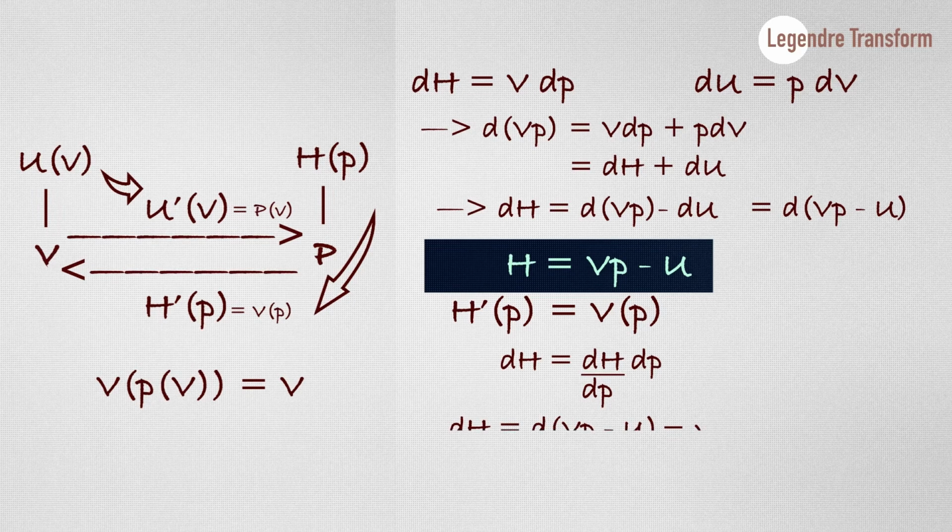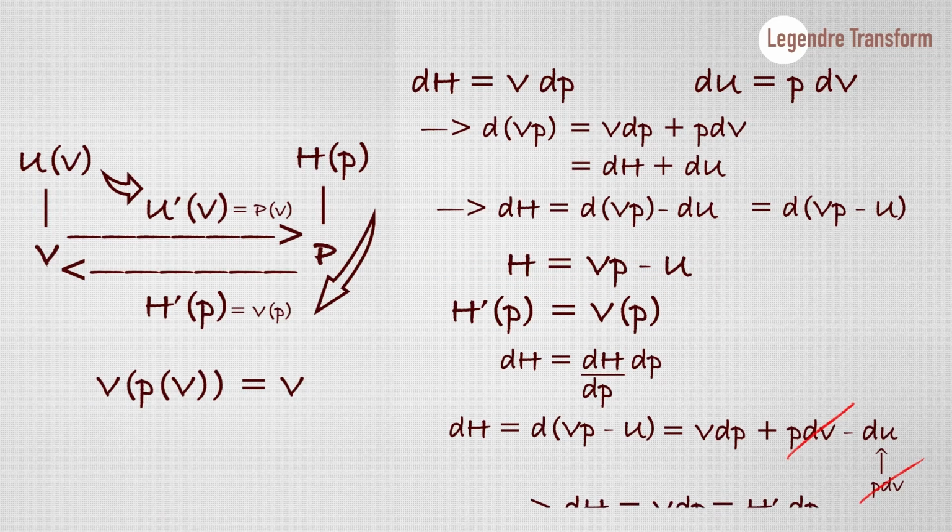And also, dH is equal to d(VP minus U) is equal to, if we just do it, VdP plus PdV through the product rule, minus dU. And we know that this thing is PdV, and so it cancels with this one. And so therefore it's equal to VdP.